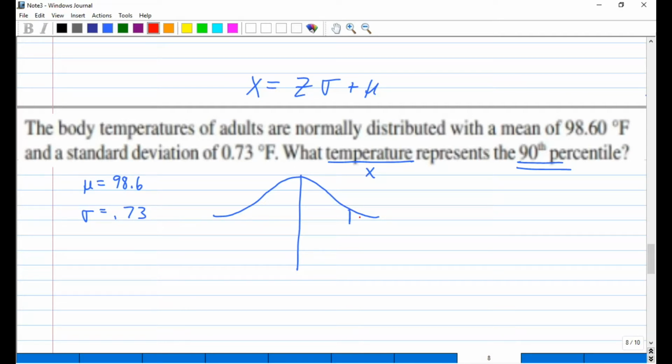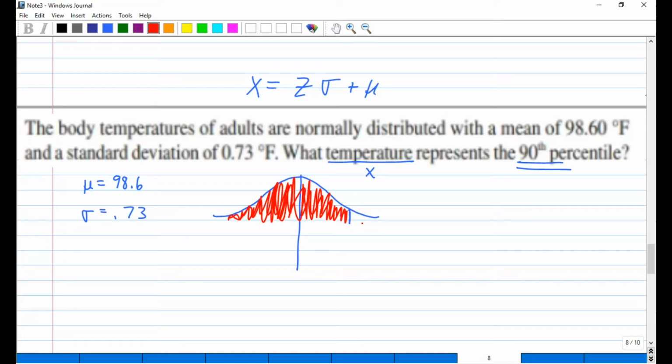It separates the top 10% from the bottom 90%, right? Because there's 100% all together. So this that I have shaded up here, that would be the bottom 90%, and to the right of that would be the top 10%.